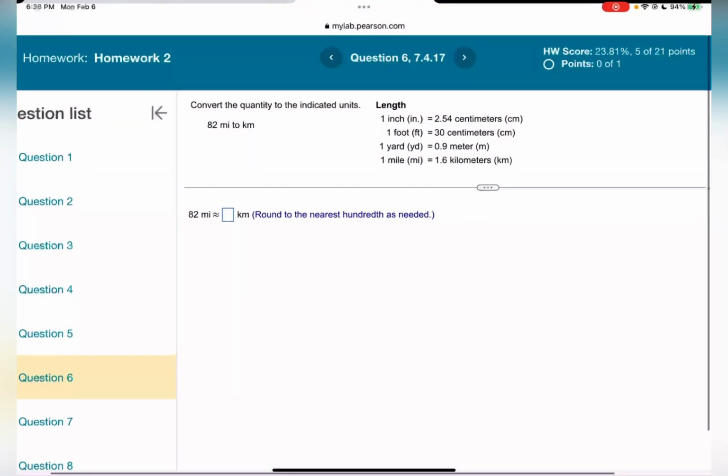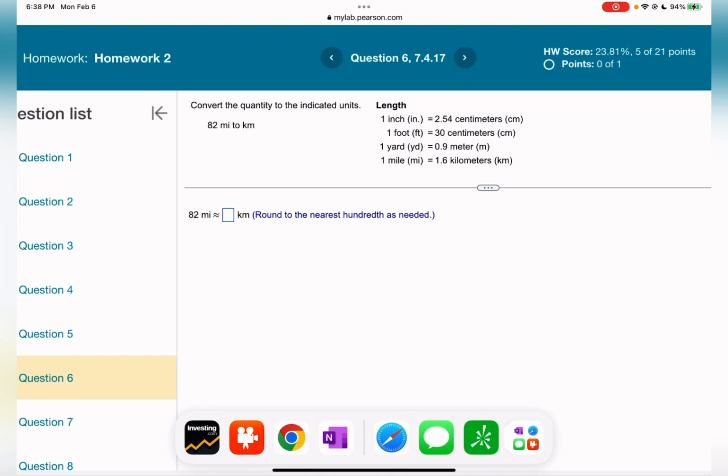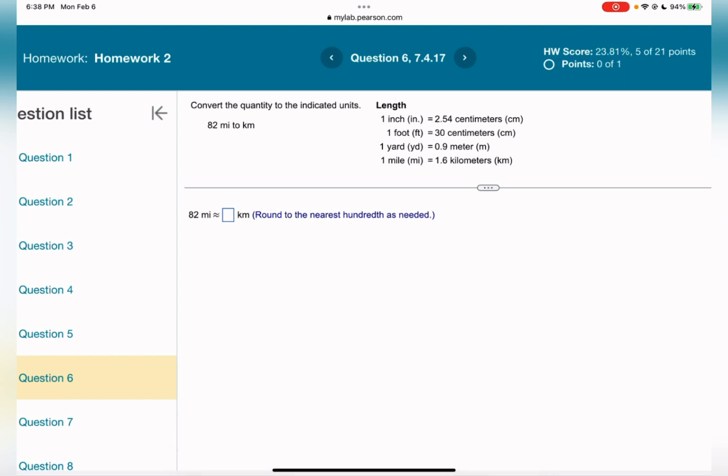Next one. I'm going to create the same proportion to make it easy. So we need to convert 82 miles, I'm sorry, not millimeters, into kilometers.